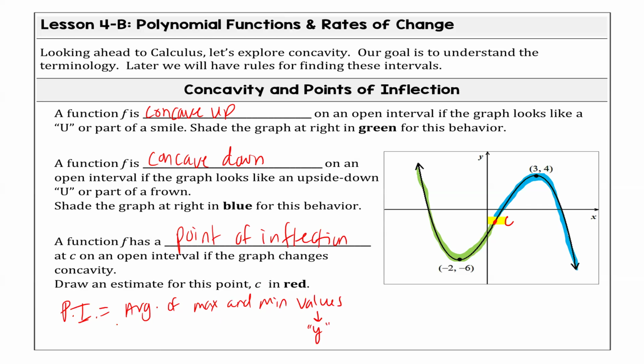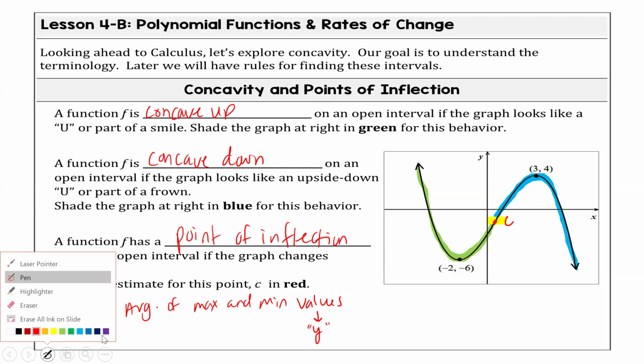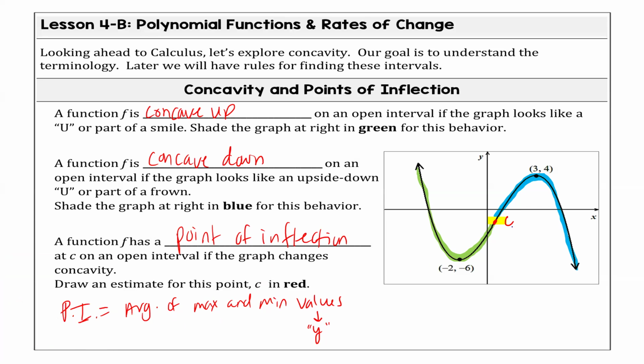So could I find the PI here? Could I find what C is for this problem? Yes, because in this case, our C is going to equal the average between our max and our min. We add and divide by the number that we have, right? So we have -6 plus 4 divided by 2.